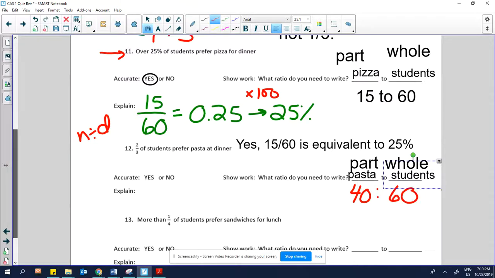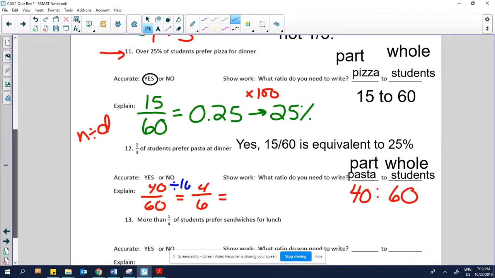I think we have to figure out what 40 over 60 is. See if you can simplify that. If you divide by 10, that'll give me 4 to 6. If you divide by 2, you get 2/3.